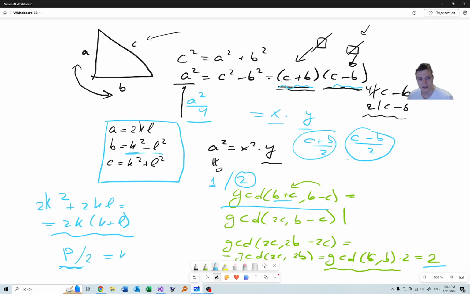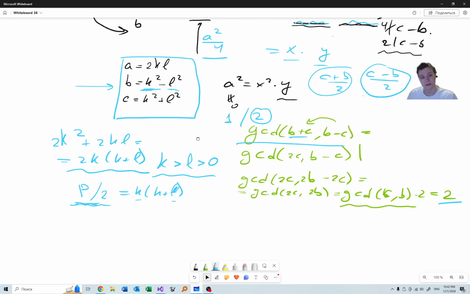So P over 2 is K times K plus L. You simply need to take any such numbers K and L so that this product is equal to P over 2, and also K should be greater than L. If you want this to be a non-degenerate triangle, you need K greater than L and L greater than 0. So two integers like this.